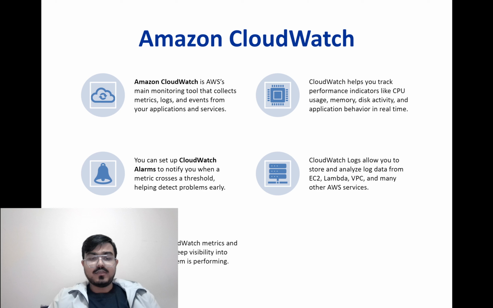For example, if your server is using too much CPU or if your app is experiencing errors. CloudWatch Logs let you store and analyze log data from services like EC2, Lambda, VPC, and many others. So overall, CloudWatch gives you the visibility you need to understand your system's health in real time.